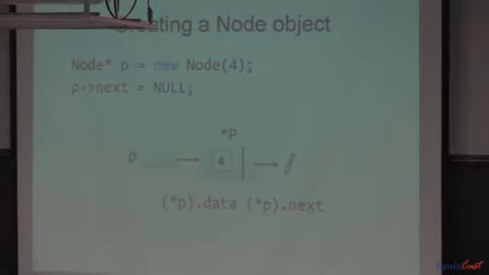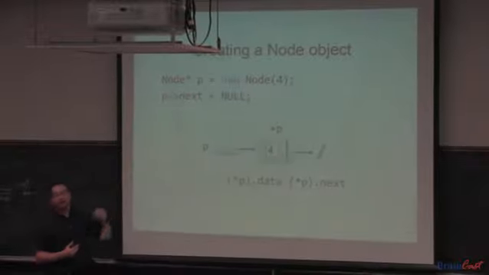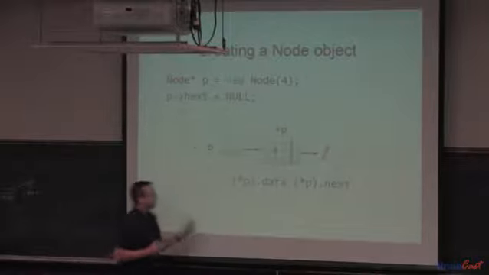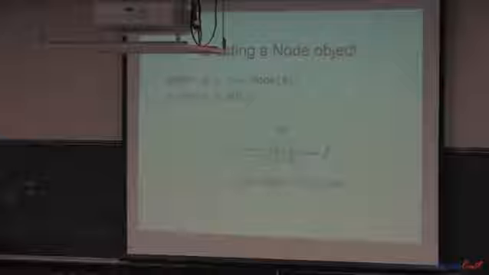If I want to create a node object, all I have to do is call the node constructor. So node pointer p gets new node. I pass in the value 4. Remember there are two areas of memory, the stack and the heap. We have the stack, which we've been dealing with in 10a. Anything we declare on the stack gets automatically deallocated when the block of code where that variable was declared finishes, or returns, if it's a function.